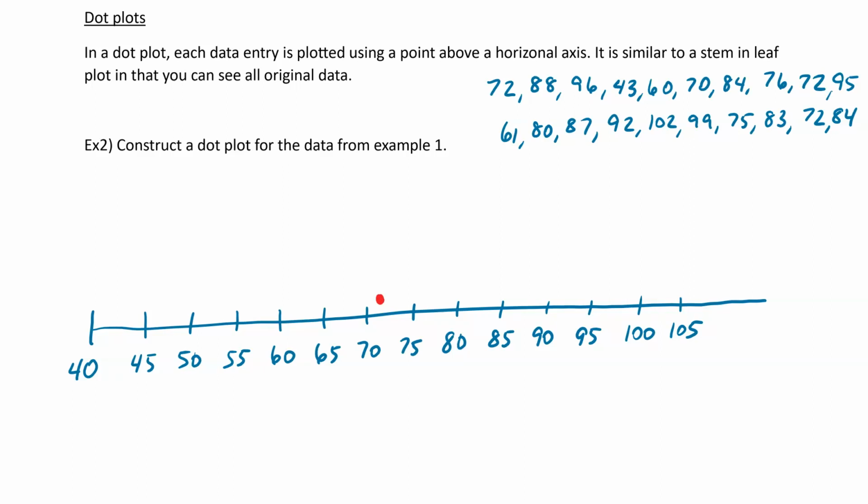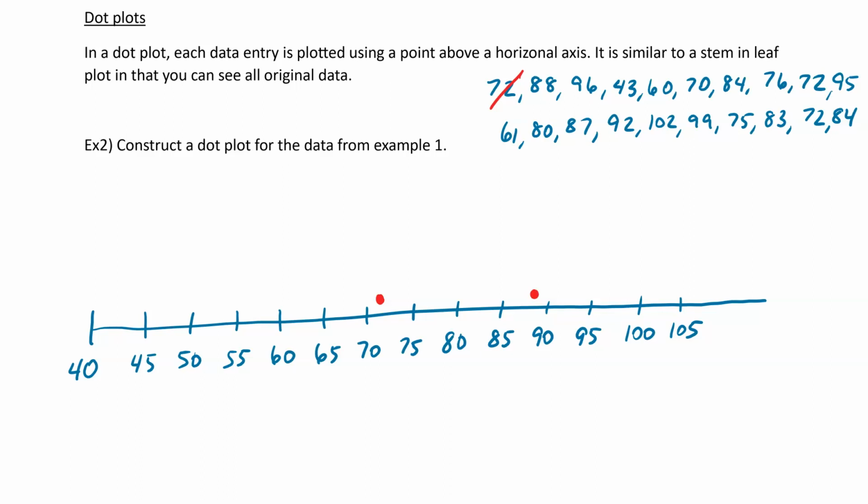That just lets us know that 72 has shown up once, at least so far. Next one would be 88. So right about here. Now keep in mind, since we're hand drawing these right now, it's not going to be perfect, but just use your best judgment about where 88 would be.